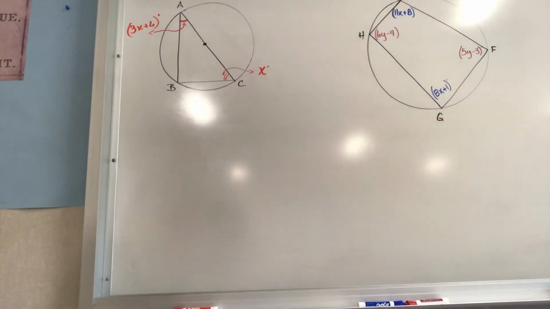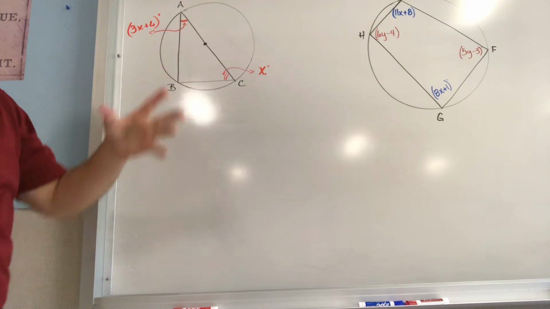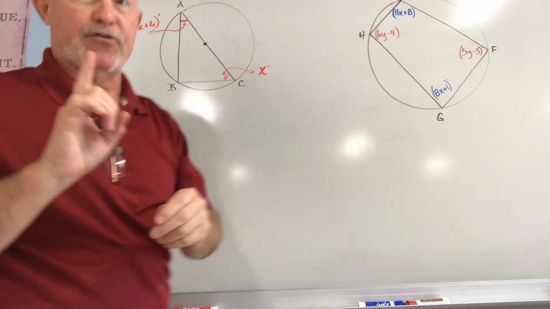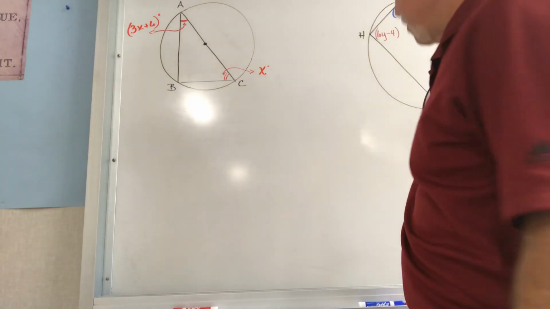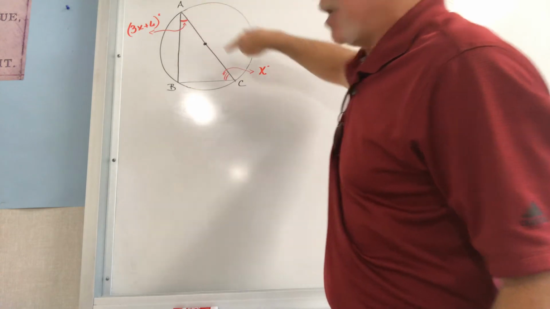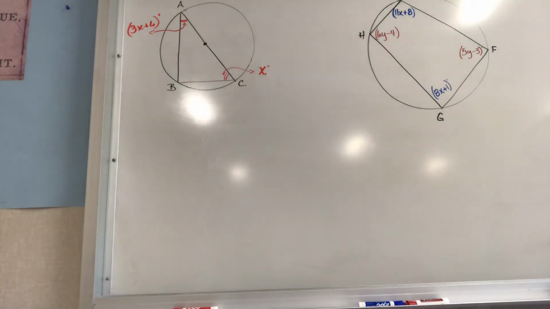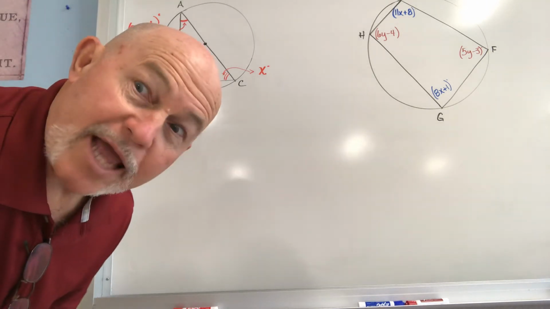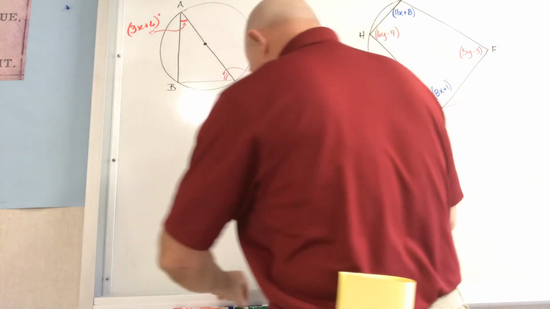First things first, we want to find the measure of angle A and C. So yes, we have to find the value of x first. But to do so, let's think for a second. This angle is inscribed, notice the endpoints are at the end of the diameter. That means it's a right angle.